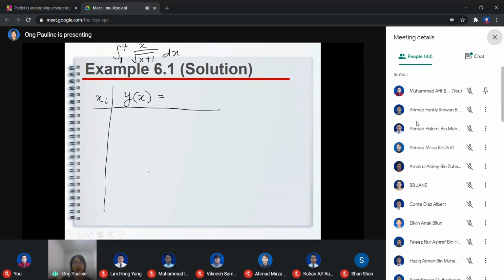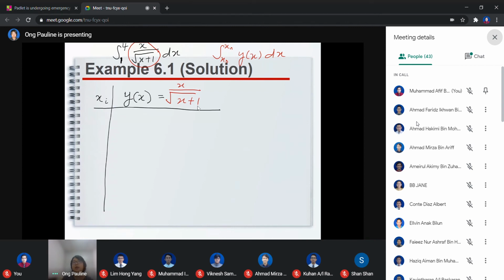If I rewrite the general form, integration from x naught to xn of y-x dx, and you compare these two, meaning that your y-x actually is the function x over square root x plus 1. So I will substitute the function y-x here: x over square root x plus 1.